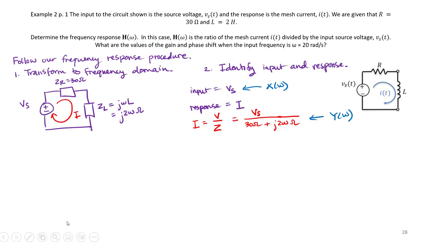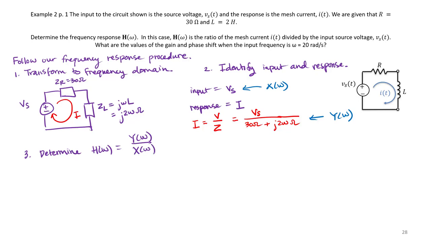So now our last step is to find our frequency response. And we know our frequency response is just our output divided by our input.